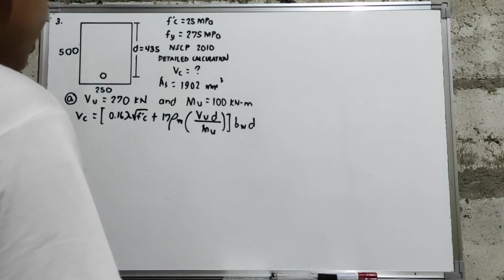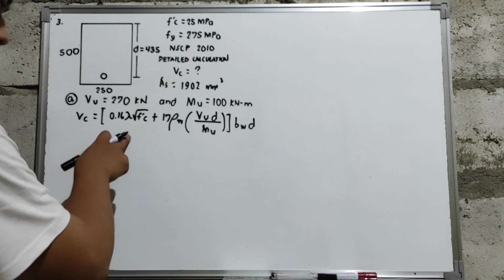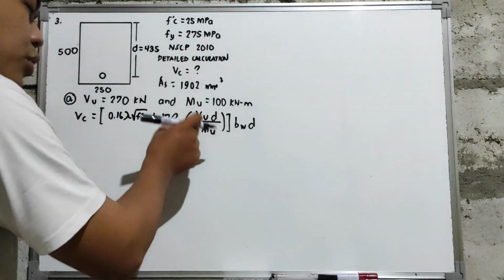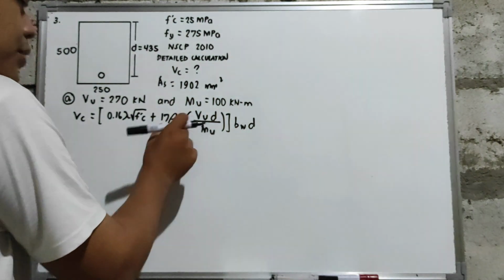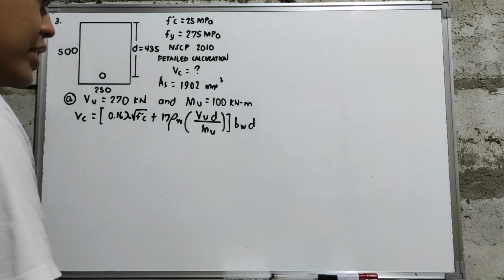For this one, we have almost everything given, our lambda, that is 1.0, and f'c is given. This rho w or steel ratio, we can compute. Everything is given in computing for your Vc.